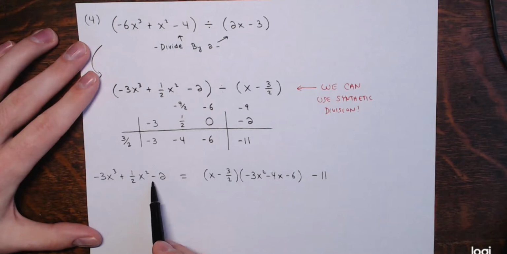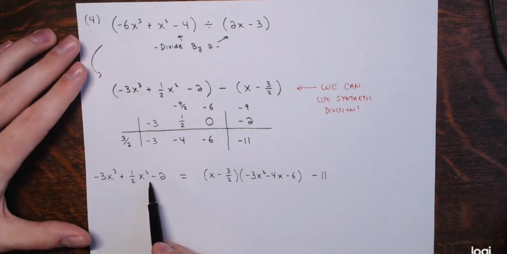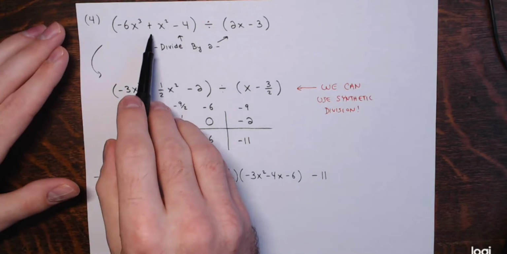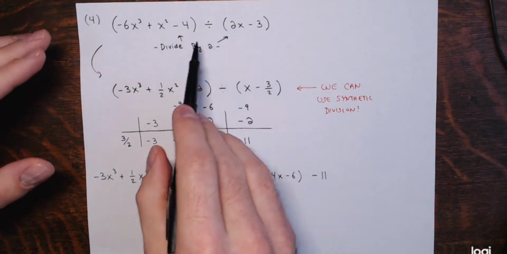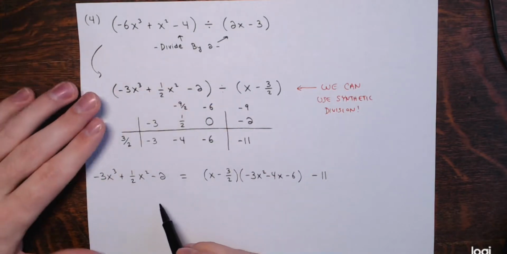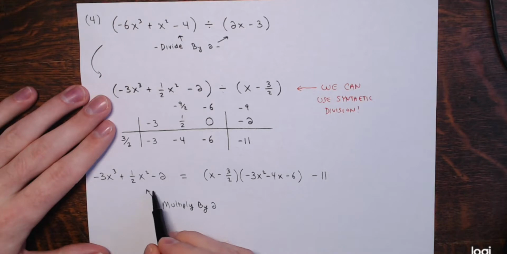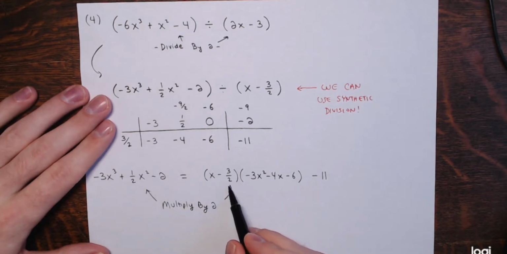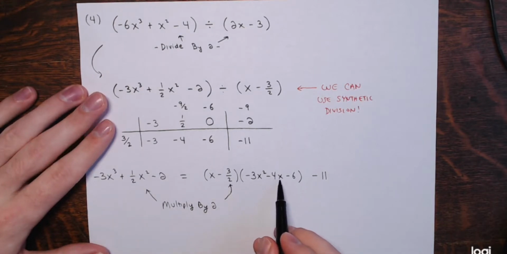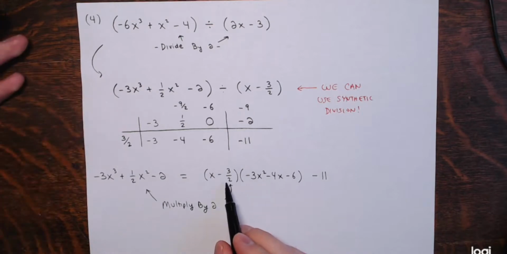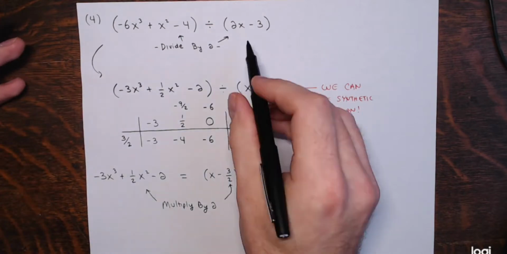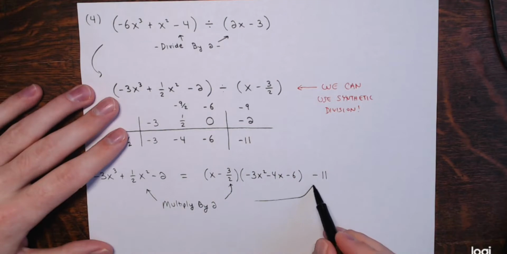Right? But now let's go back to having the original dividend and the original divisor. So instead of dividing by 2, now I multiply both sides by 2 to get back to the original. So this whole polynomial by 2, and then I'm just going to do this polynomial here, because again, this product, you can only pick one to put the 2 into, and that'll give me the 2x minus 3, the original divisor, but then don't forget the minus 11 as well.